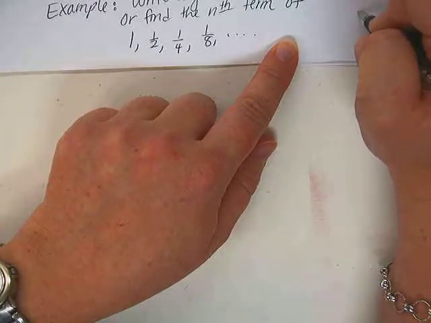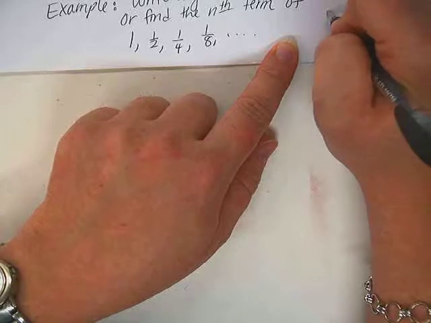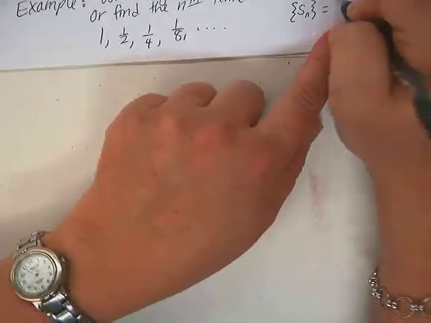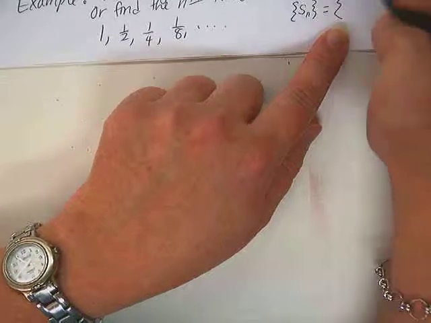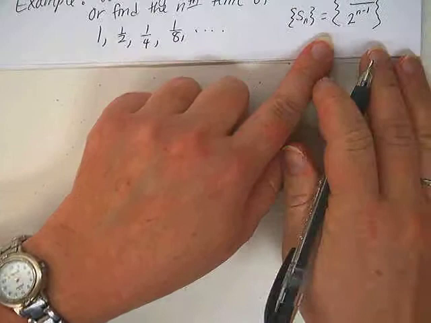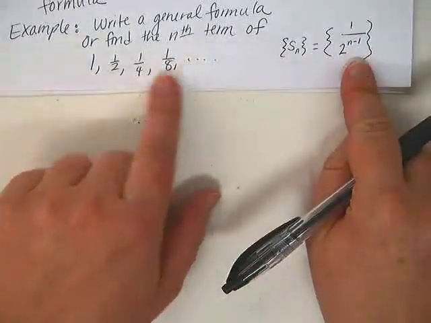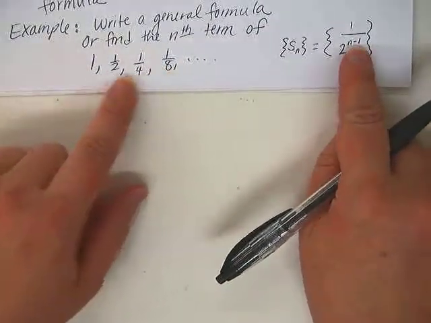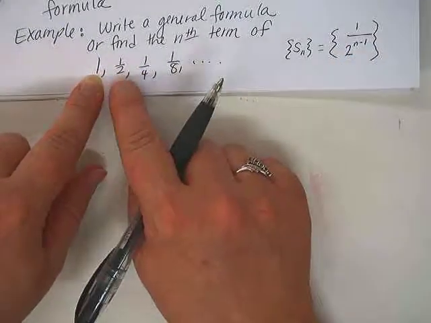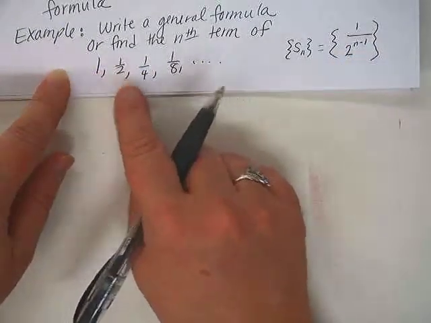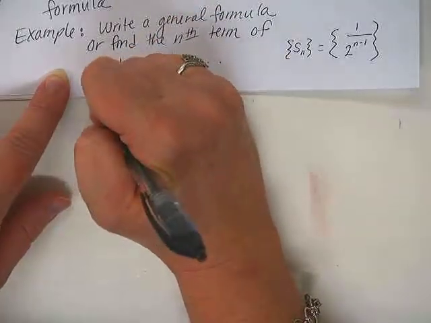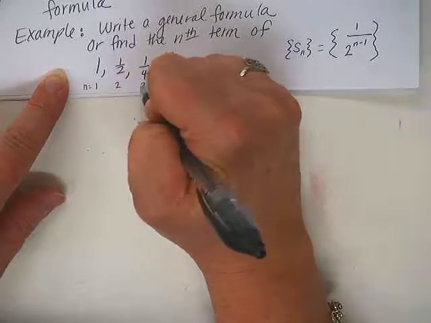So when you start recognizing things like that, you're able to start thinking about what's going to make that formula work. Okay, so if I'm trying to write a formula for this sequence, here is what will work for this one. And let me explain a little bit where it comes from, because I'm just going to give it to you, and I sort of started to explain it. But we need to start at the number 1. So, and we also need to be able to plug in n. N equals 1, n equals 2, n equals 3, n equals 4.